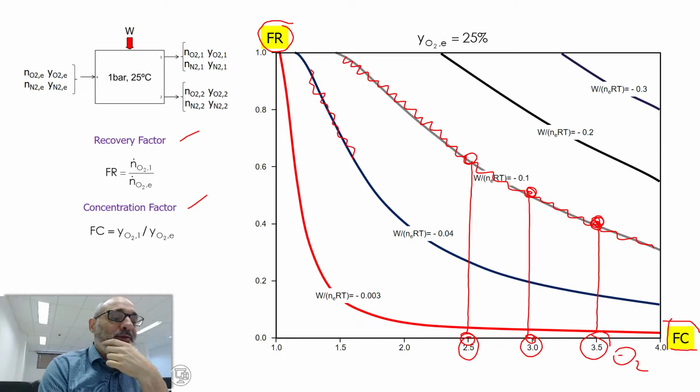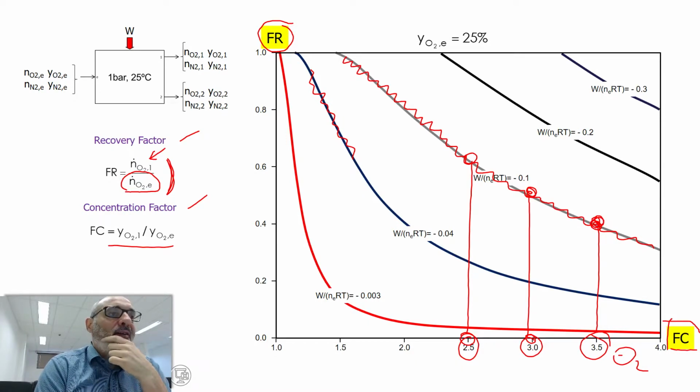What we call the recovery factor is the ratio of the flow rate of the product of interest to the input flow rate, and the concentration factor is analogous.